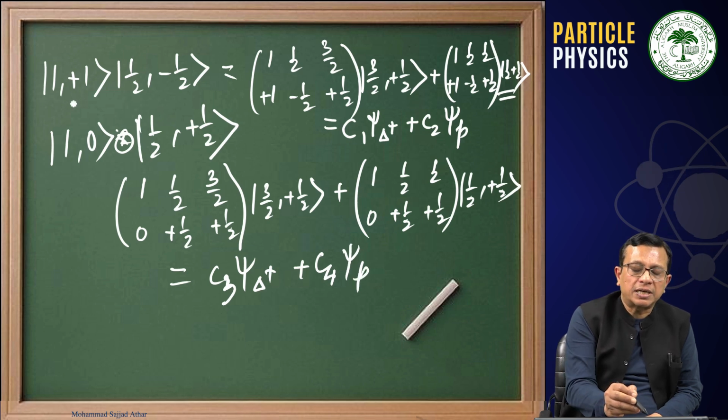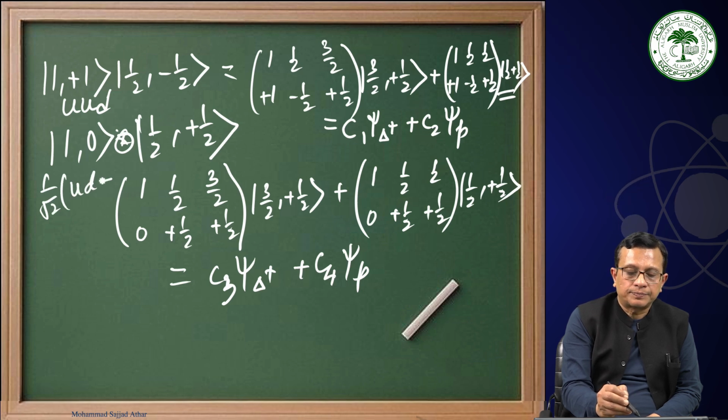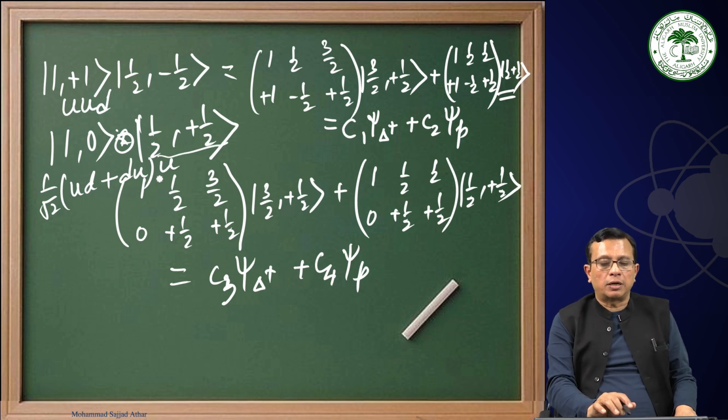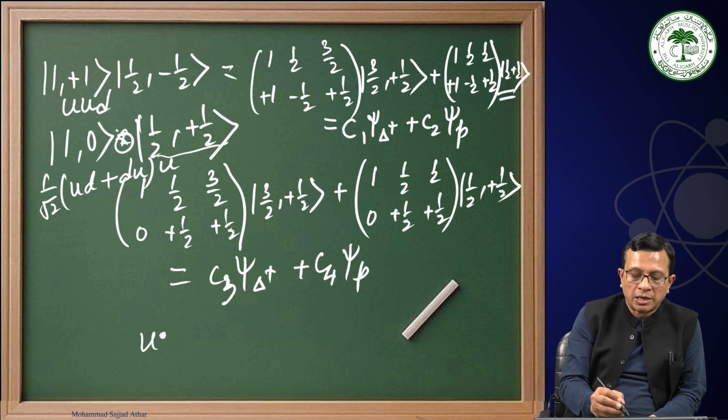And on the left hand side, what we have: 1 plus 1 is 2 U quarks in state 1 and state 2, and then you are adding a D quark, and 1 0 is 1 by root 2 UD plus DU, and then you are adding a third object, and that third object is a U quark. Therefore, what equation do you have?